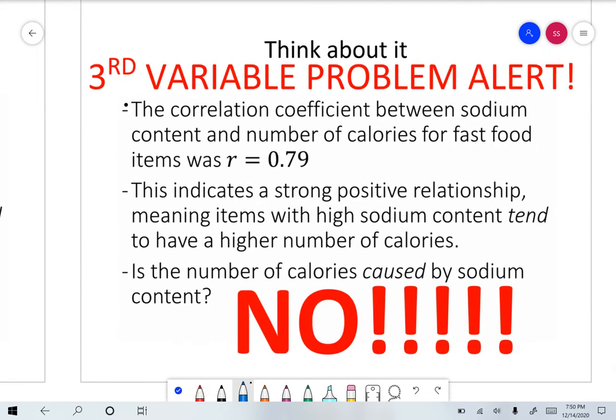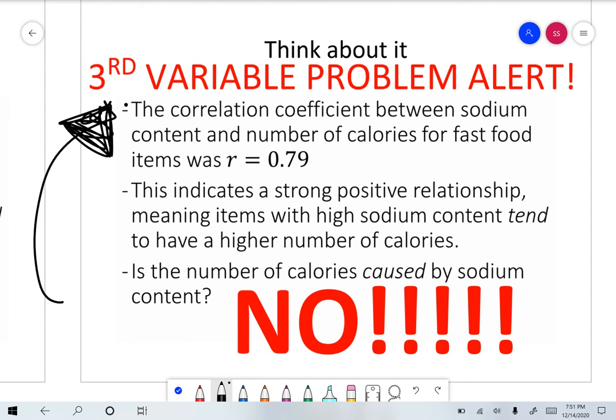There's this thing called the third variable problem, and it's not something you're going to be tested on, but it is a very important thing to think about right now. A third variable problem means that, yes, in this particular case, we were looking at sodium content and number of calories, and our graph and our correlation coefficient show us that typically the higher the sodium content, the higher the number of calories.